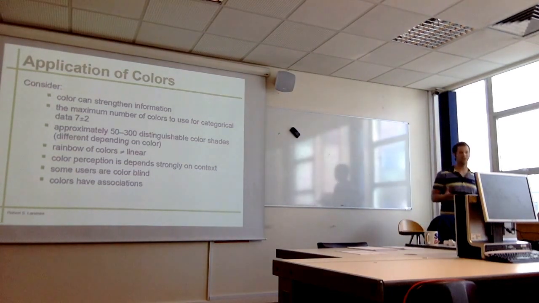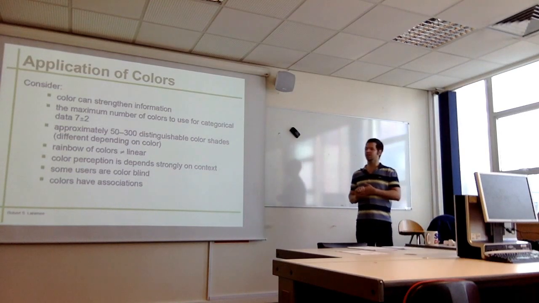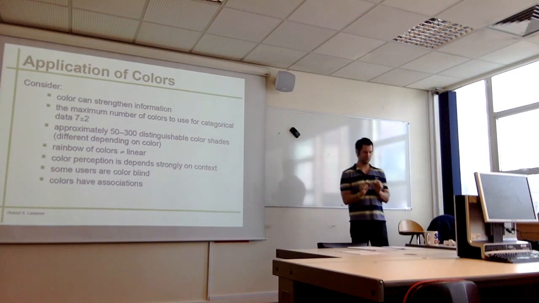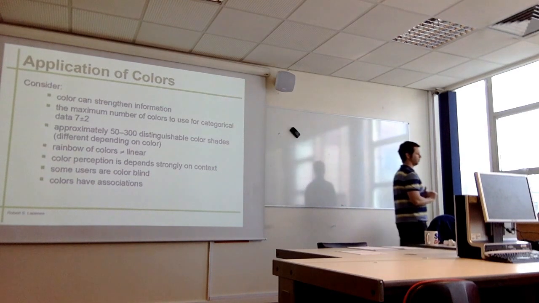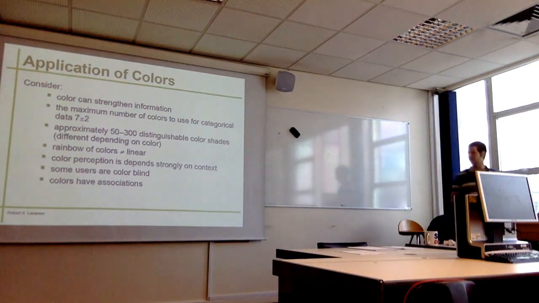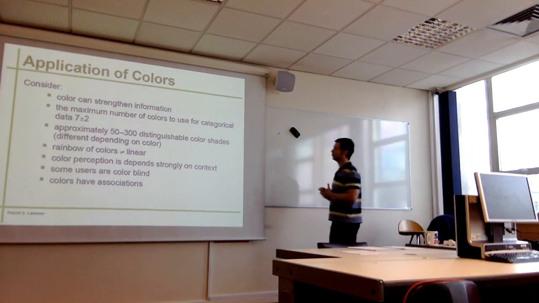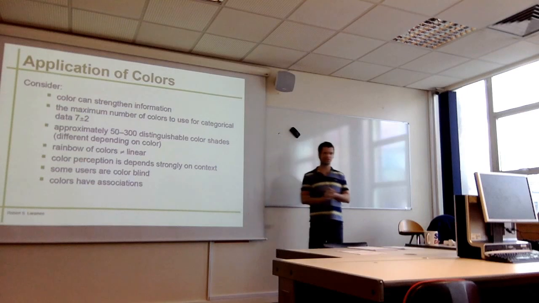Because if we have too many colors, then it's very difficult to interpret. It's difficult if two colors are too close to each other. The human visual system can definitely distinguish between more than 7 colors.